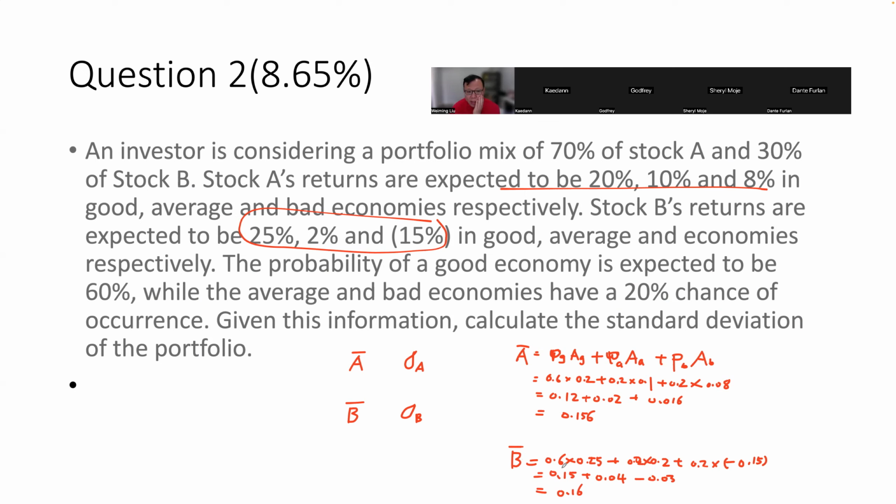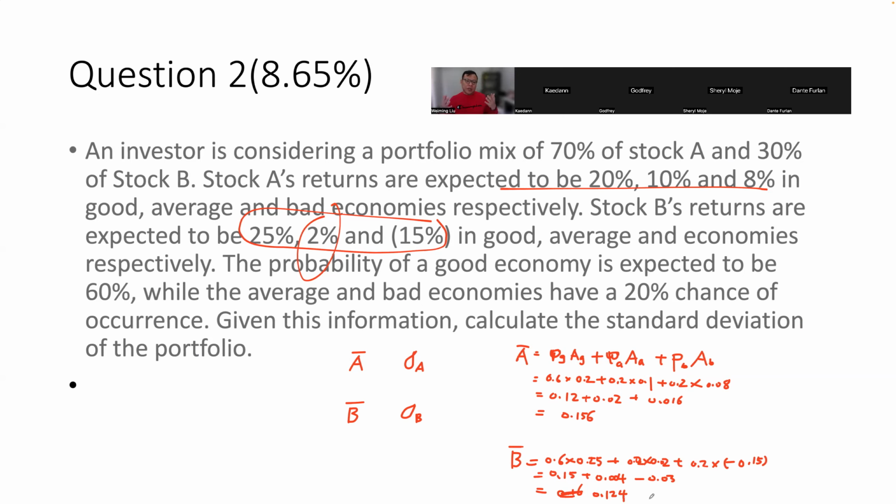Okay, let me check mine again. So that's going to be 60% times 20%. Oh, sorry, it's 2%. I thought it's 20. My bad. So that's going to be 0.02. So I need another 0 here. Okay, this will give me 0.124. Yeah, thank you guys.